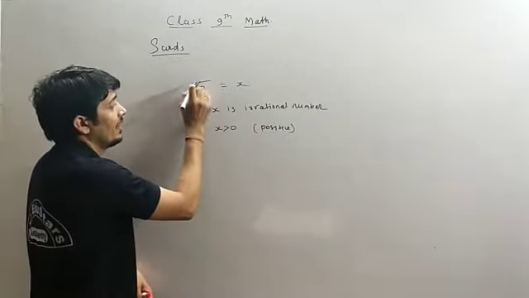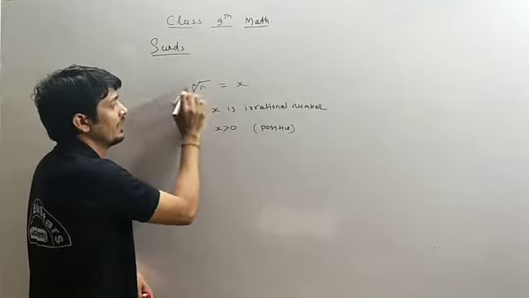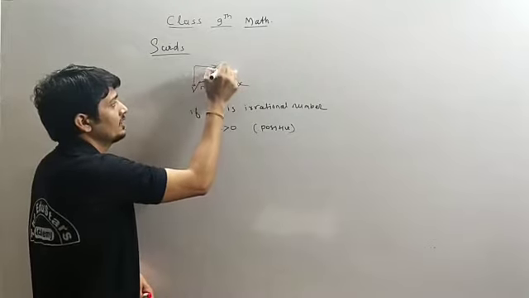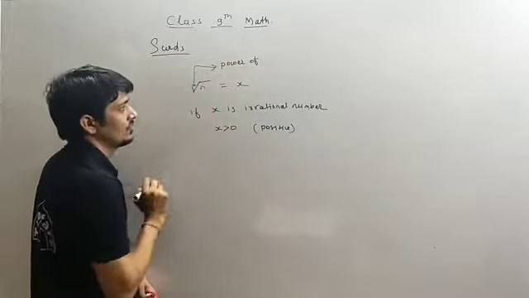And here if nothing is mentioned, that means here we have 2. So here we have nothing but a. So a is called the power of the surd.